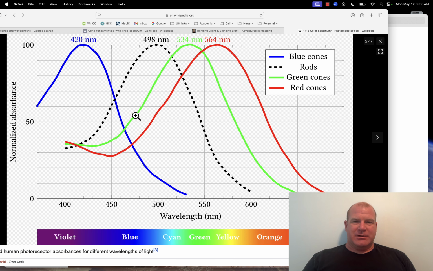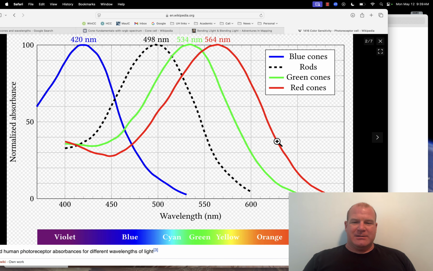But being a tetrachromat is not a major advantage because of our brains. Our brains are really wired to interpret three. So, for instance, let's look at the color orange. It's going to be right around here. When your brain gets a signal, orange is actually just this amount of red and green, and your brain interprets the signal of these two intensities.